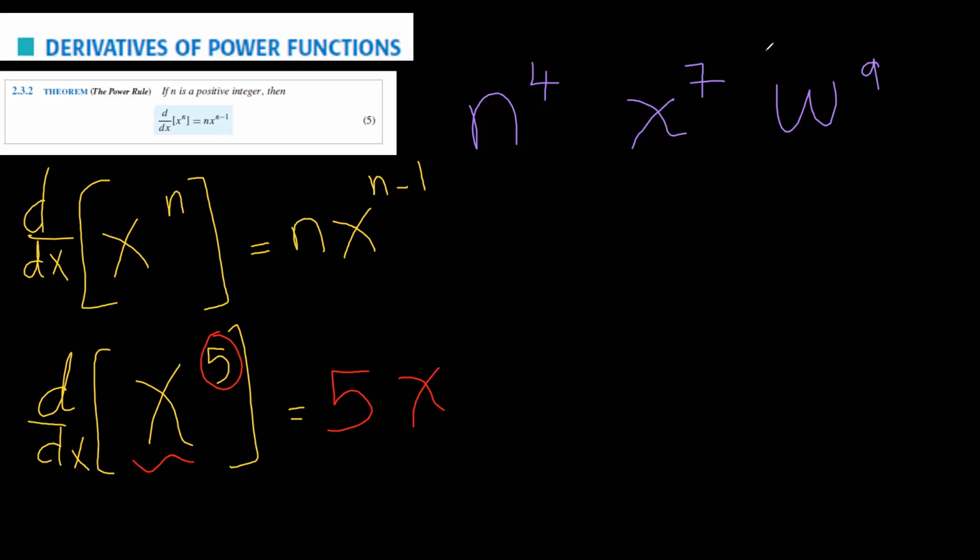Then I will go back to the number 5. Then I will say 5 minus 1 is what? 4. So the derivative of x raised to the power 5 is 5x raised to the power 4.